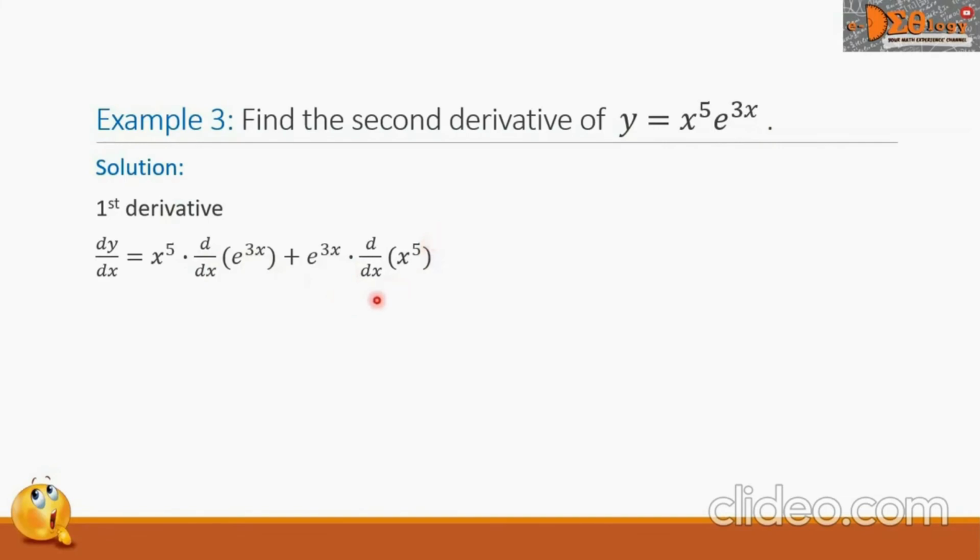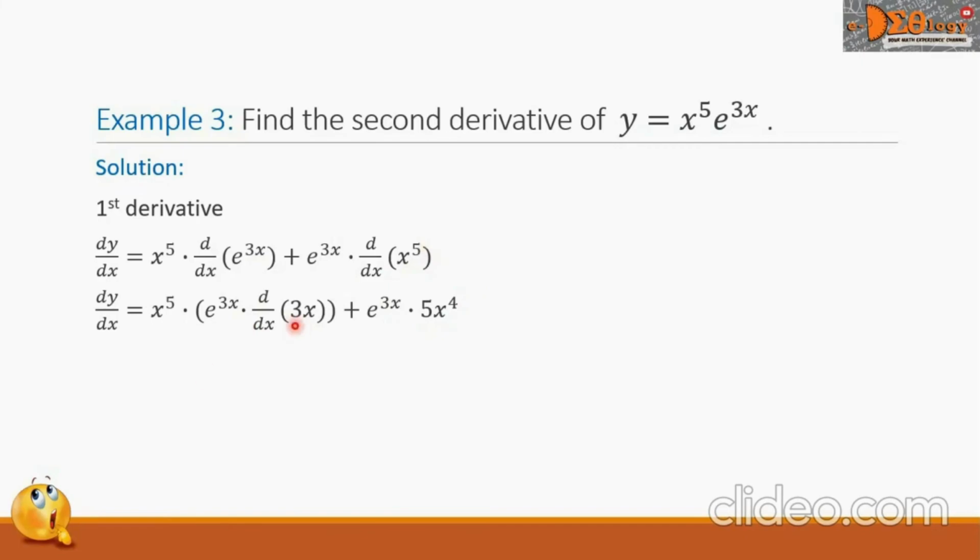Let us take now the derivatives respectively. So the derivative of e raised to 3x will be e raised to 3x times the derivative of 3x. And then, in here, the derivative of x raised to 5 will be 5x raised to 4.